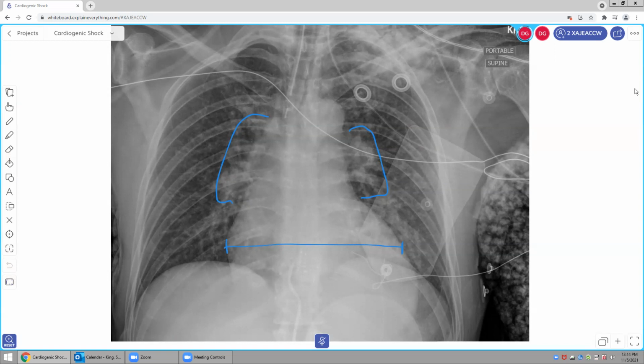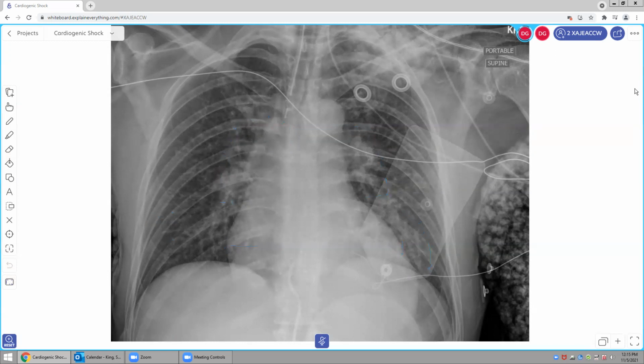Yeah, totally agree. You can see some interstitial changes here, going all the way out to the periphery. Maybe some alveolar changes here as well. Okay, ET tube looks good. Yeah, maybe a little high. I don't have a ruler out for this chest x-ray. Great. So maybe there's some pulmonary edema here.